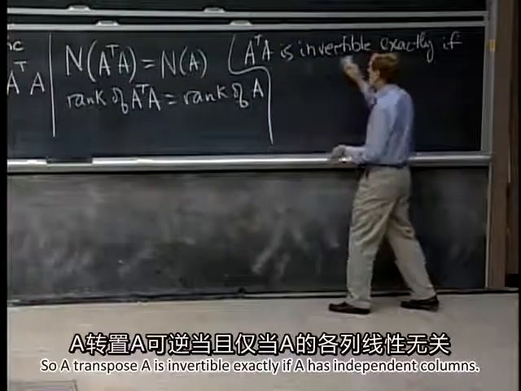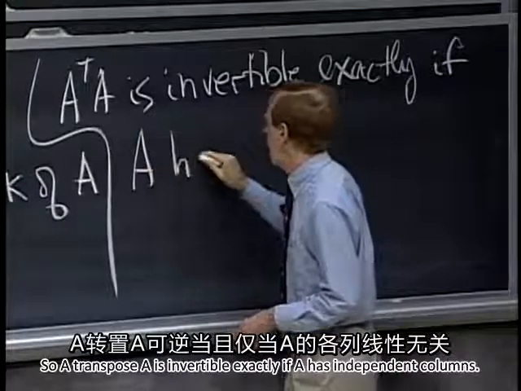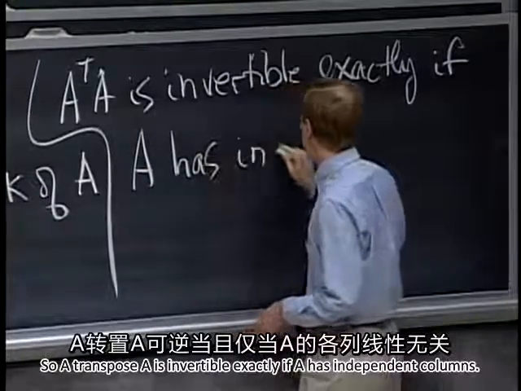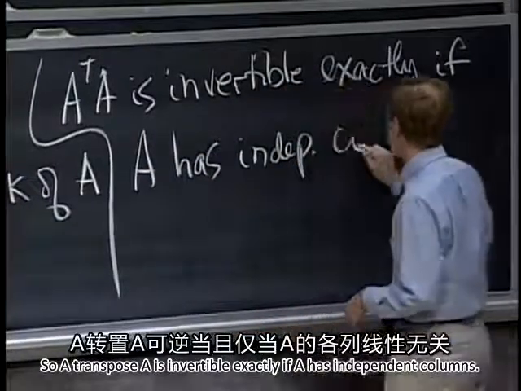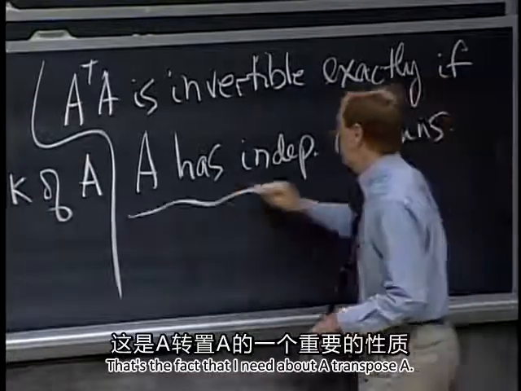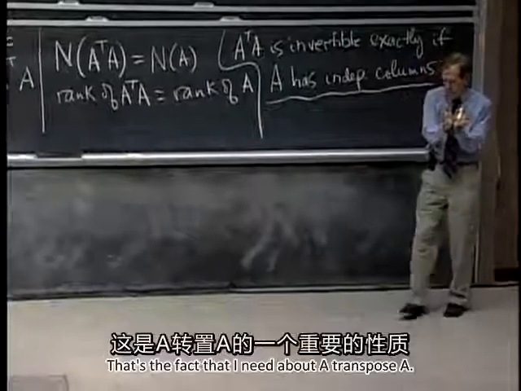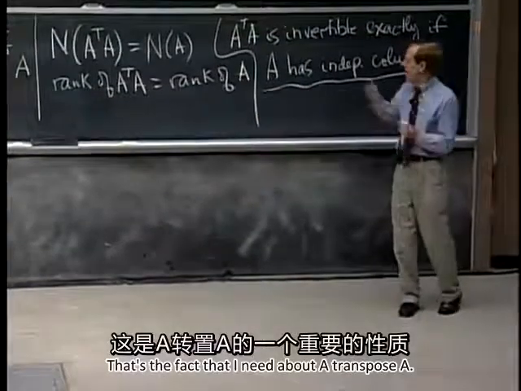So A transpose A is invertible exactly if A has independent columns. That's the fact that I need about A transpose A.